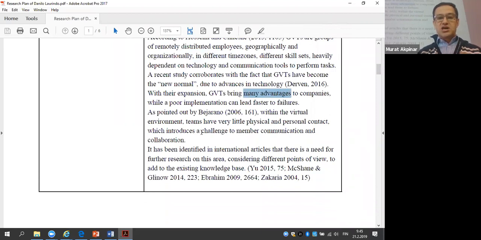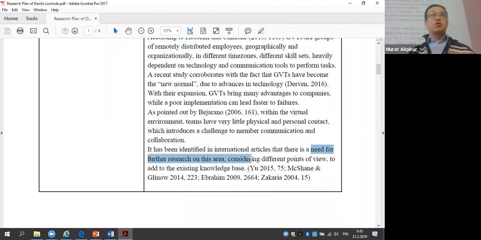But there are also challenges related to communication and collaboration. And earlier research is suggesting that there is need for further research about this topic.